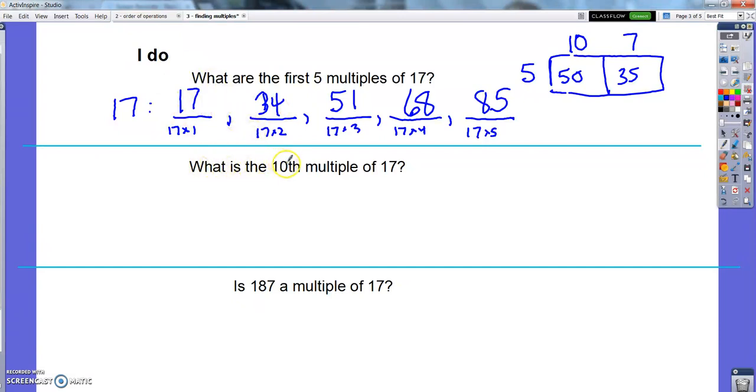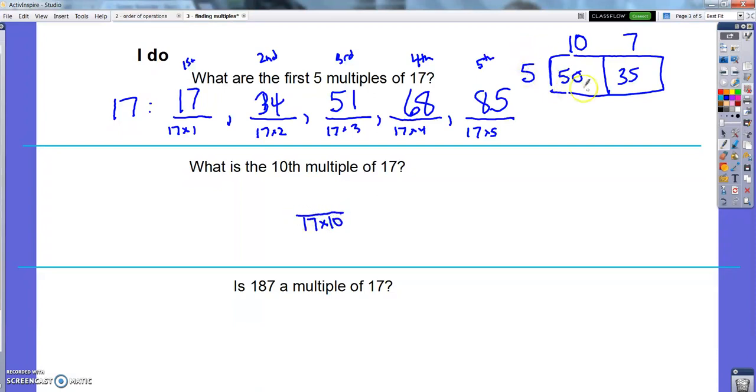Another common question is, what is the 10th multiple of 17, or something like that. Rather than going all the way out to the 10th, just skip right to the 10th. Following our pattern, you notice the first multiple of 17 was 17 times 1, the second multiple was 17 times 2, the third multiple was 17 times 3, the fourth multiple was 17 times 4, the fifth multiple is 17 times 5, so the 10th multiple is going to just be 17 times 10.